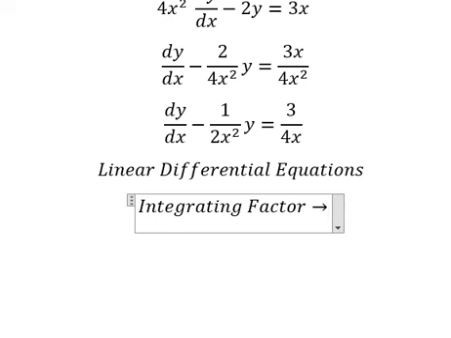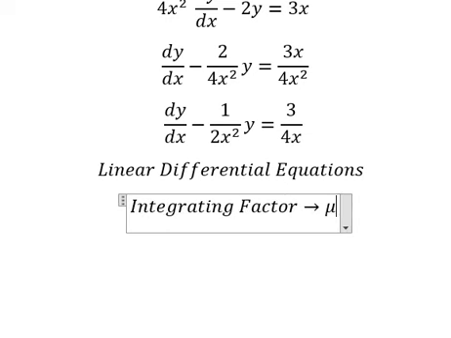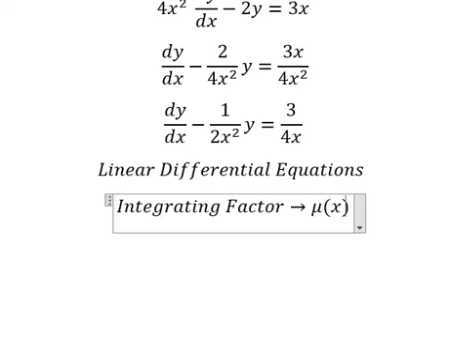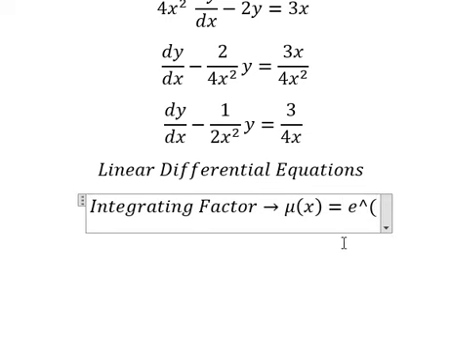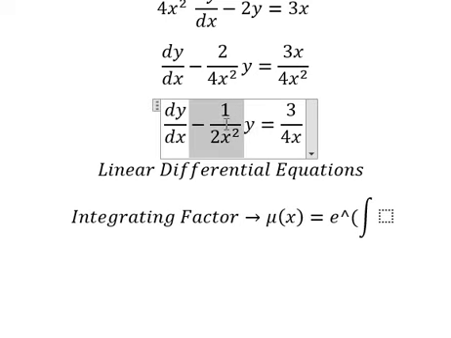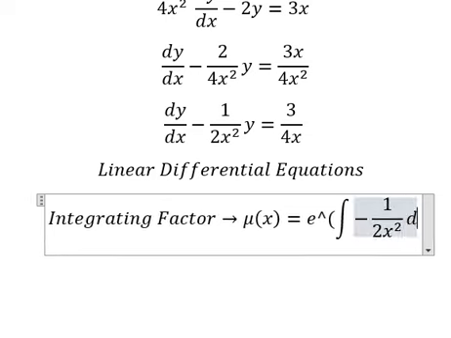So we need to find about mu of x equals to the integration. That's about e to the power of the integration. So that is about this one next to y. So this is for integrating factor, and I will put this one go in here.